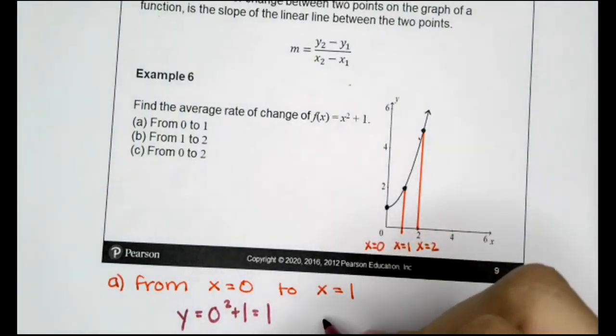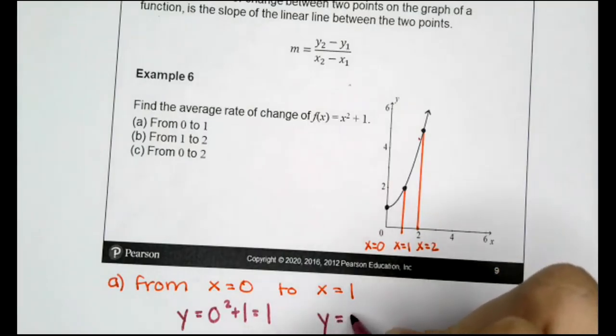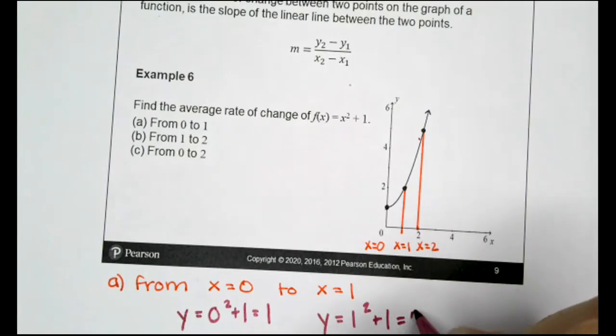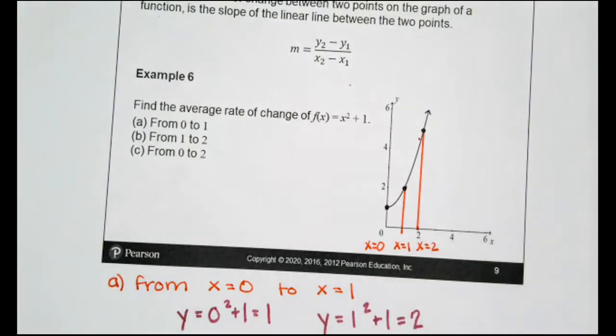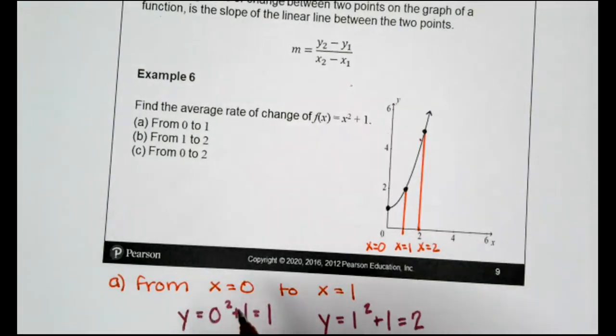When x is 1, y is 1 squared plus 1, which is 2. All right, so our points are 0, 1. That'll be my x1, y1. And this point will be 1, 2, x2, y2.